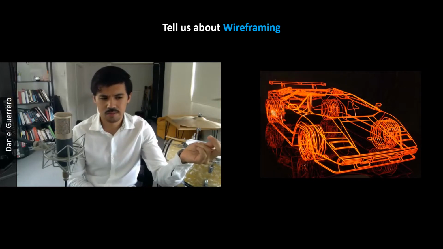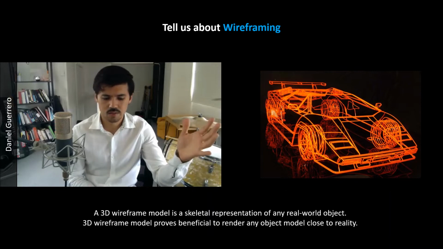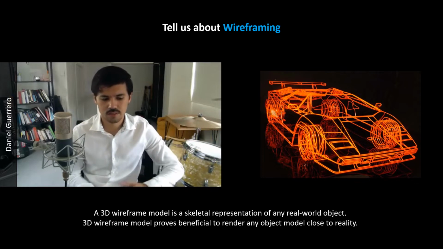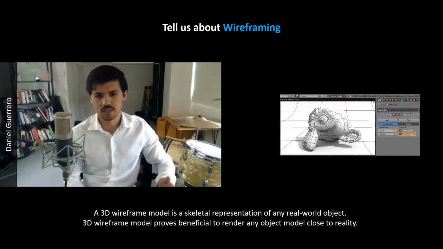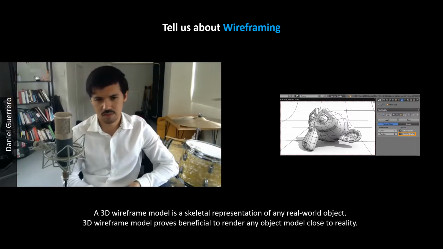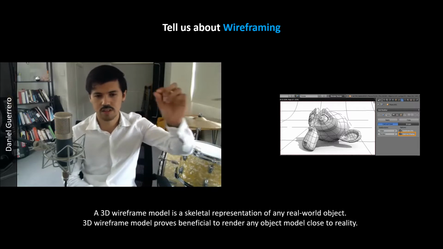What is wireframing? Wireframing, if I understand, is that you can make structures with lines. That's what I understand from wireframing. For example, I have this design of a motorcycle, but the frame of the chassis is not just straight lines.